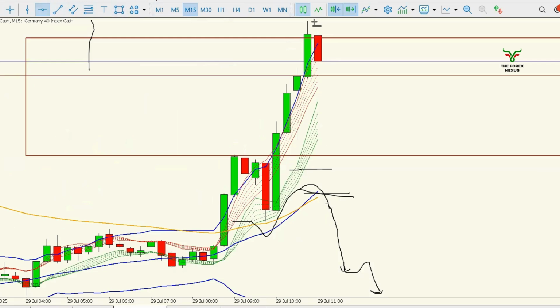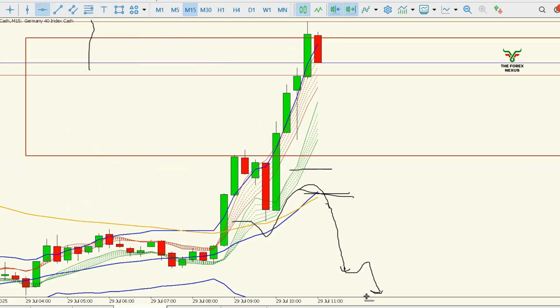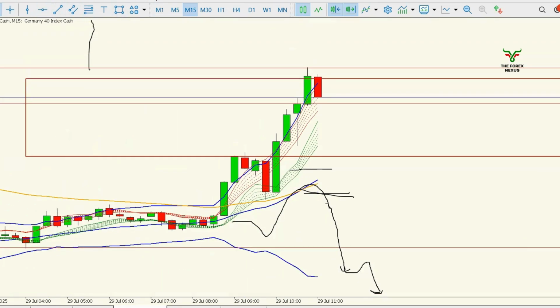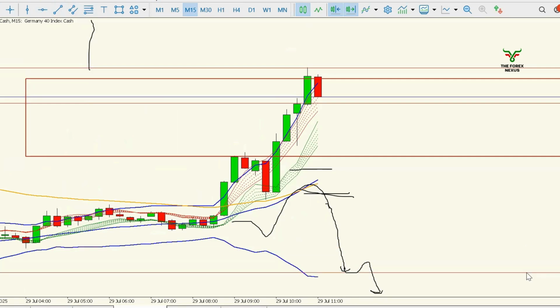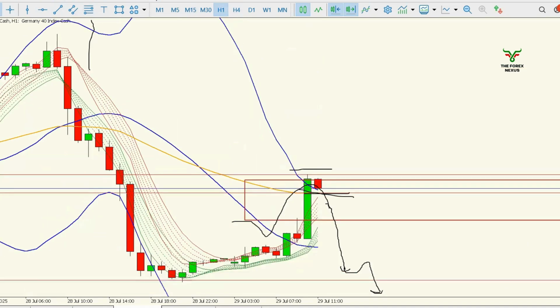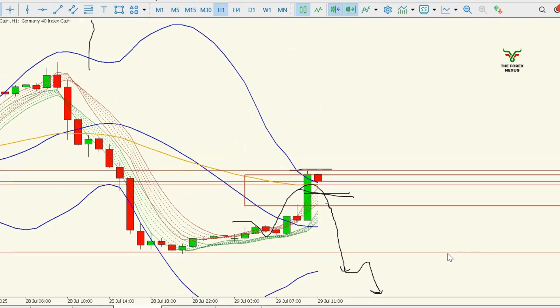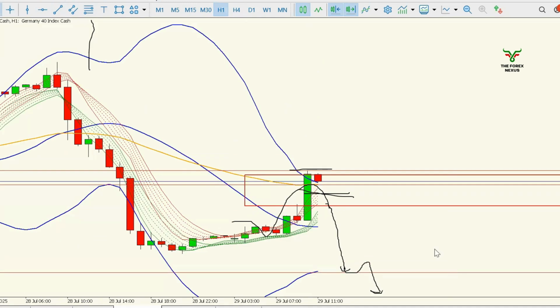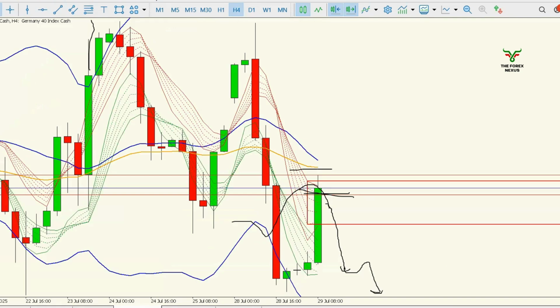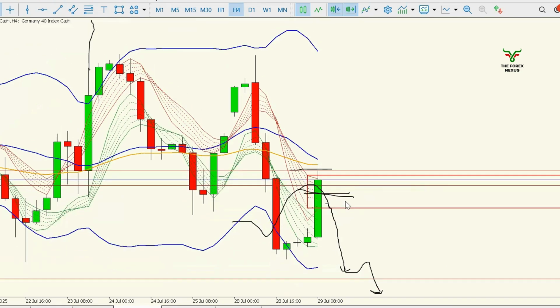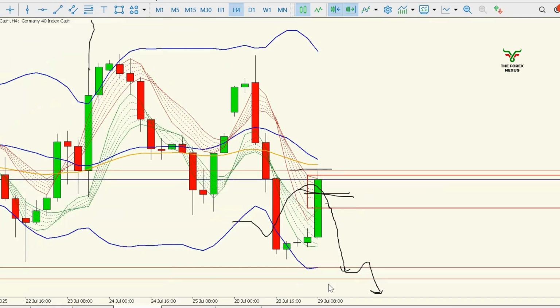Keep your stop loss above the MLV. The first target will be the low BB on the third time frame at this point. Second take profit will be low BB on the second time frame. Third take profit, the final exit, will be the first time frame low BB.